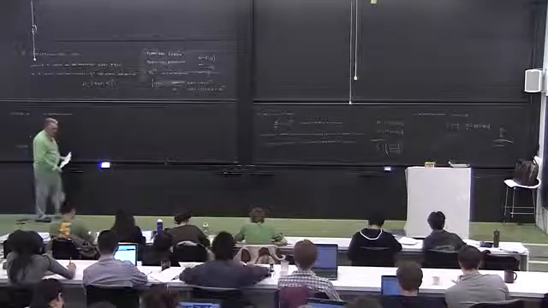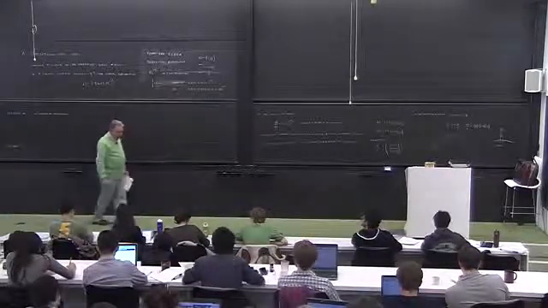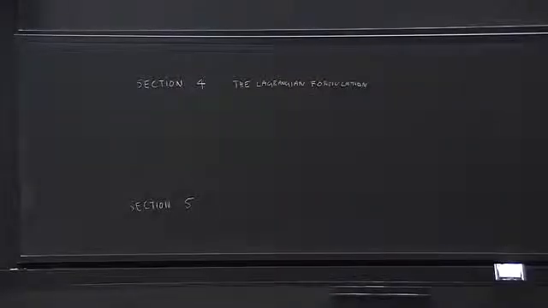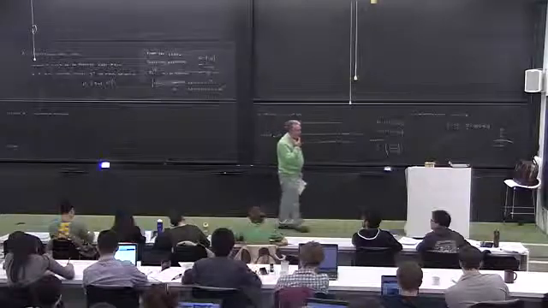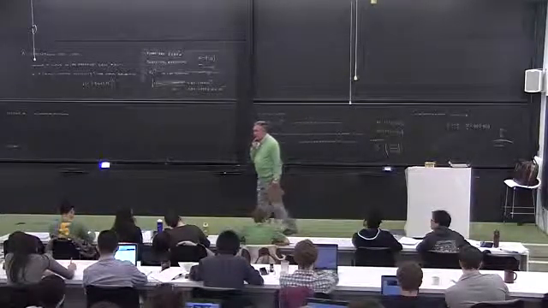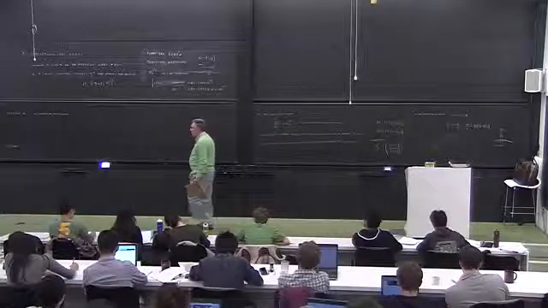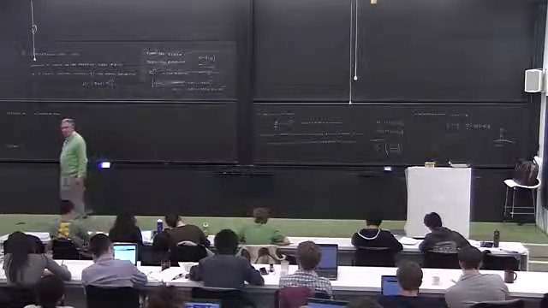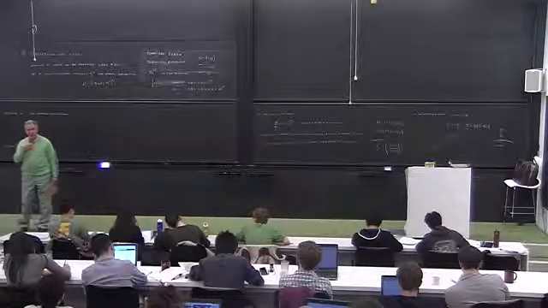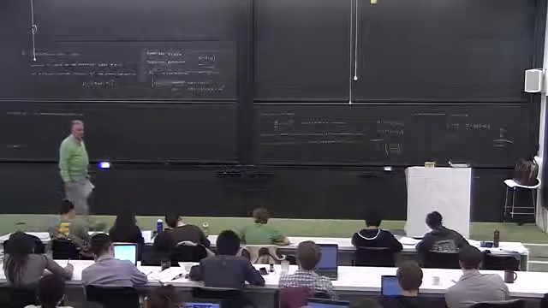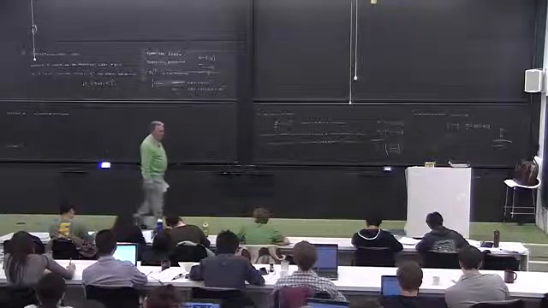In 1916, the same year that Einstein wrote down his field equations, the mathematician Hilbert, of Hilbert space fame, amongst other things, derived Einstein's equations from a variational principle. In other words, he wrote down a Lagrangian and derived Einstein's equations as the Lagrangian equations of motion.